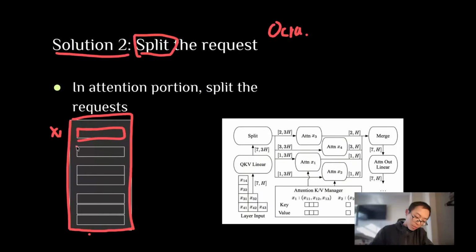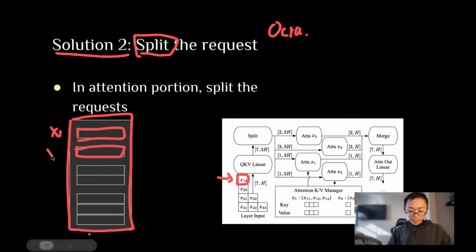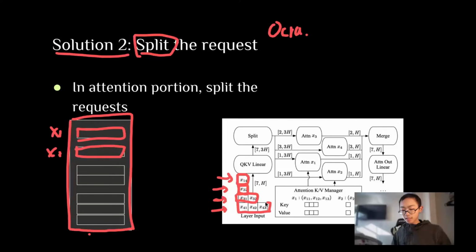In this picture, the first user, x1, is a decode request, on its 4th token. x2 is also a decode request, on its second index. x3 is a prefill request with 2 input tokens. x4 is a prefill with 3 input tokens.